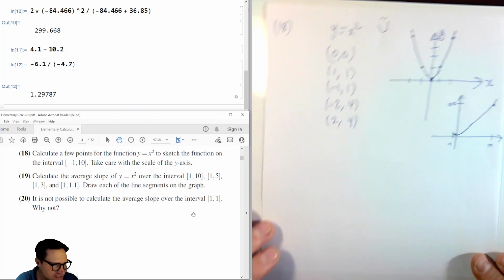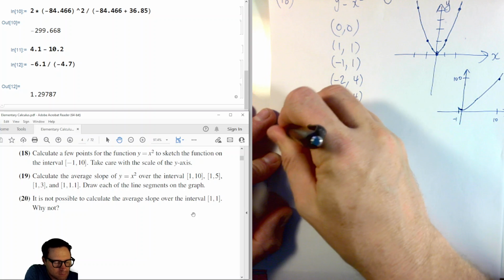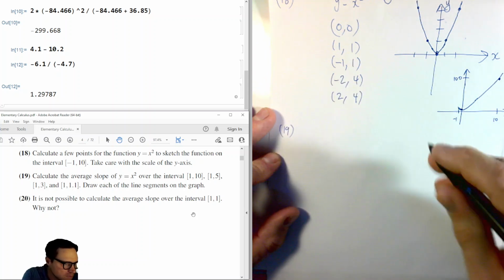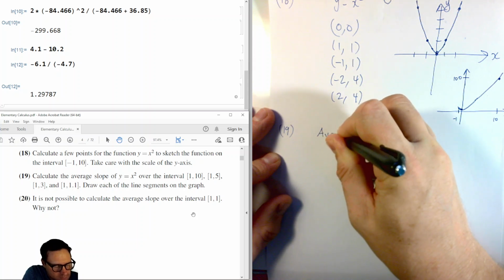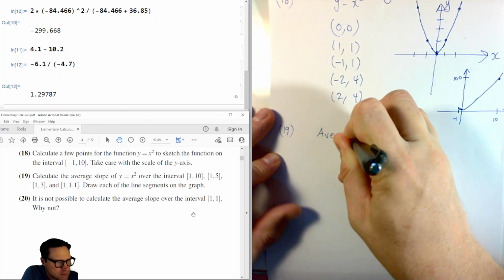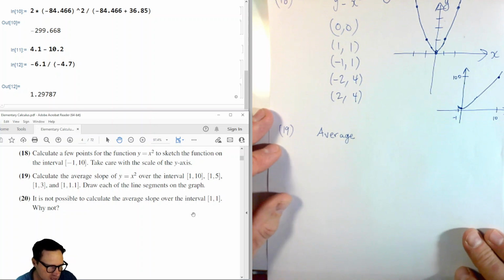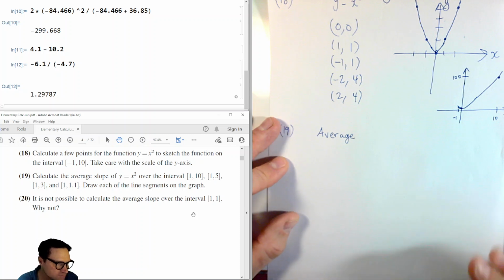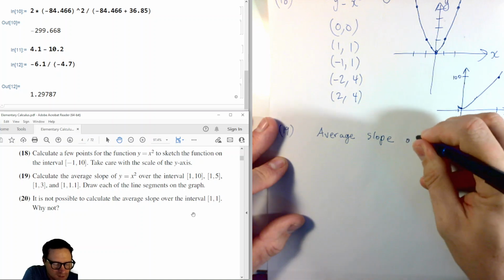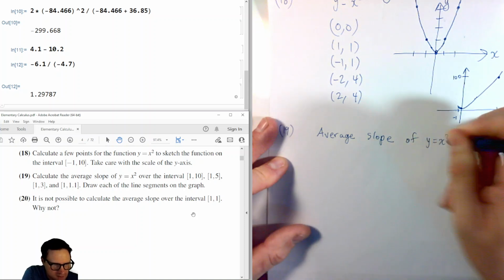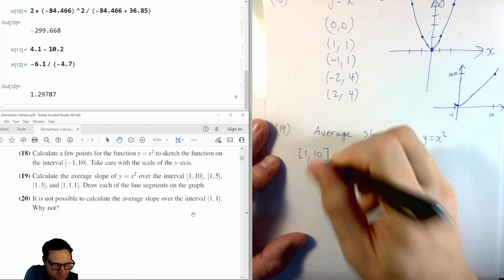Okay, question 19. Calculate the average slope. So average slope, if I remember this right, this is the difference in the endpoints. Y equals x squared. So we've got the intervals from 1 to 10. So I'll do the first one.